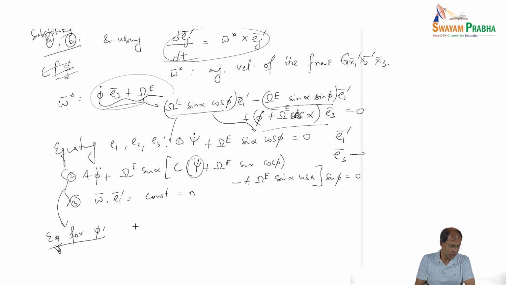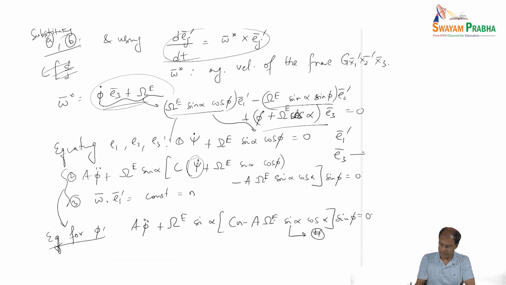So what is the equation for phi? It is A phi double dot plus omega e sine alpha times Cn minus A omega e sine alpha cos alpha sine phi, set equal to 0. This is my equation number 4.